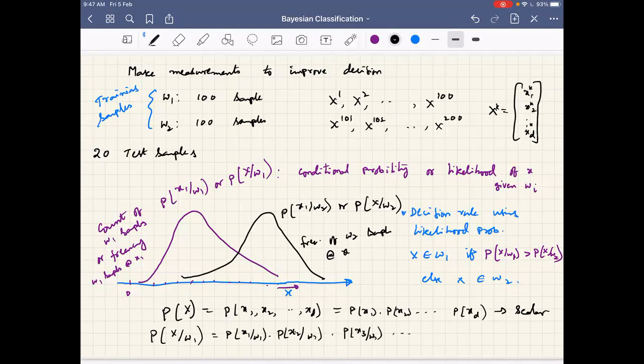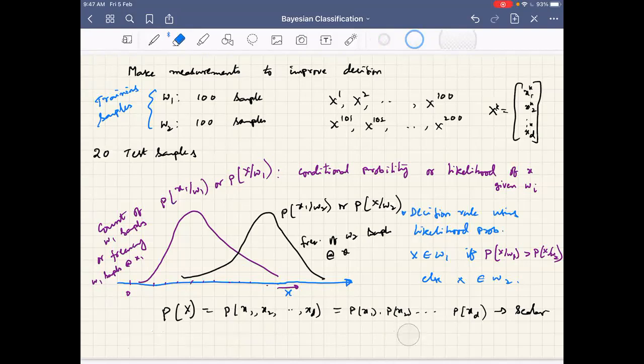Because the sample is the same, I use each feature, get its probability and then multiply to get P of X given omega 1, if they're all independent. Hope this is clear. Yes, sir.